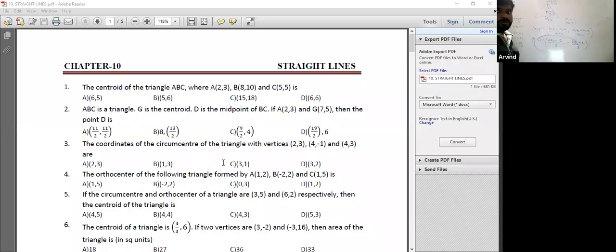The coordinates of the circumcenter of the triangle with vertices (2, 3), (4, -1) and (4, 3). Okay, I'll erase this.